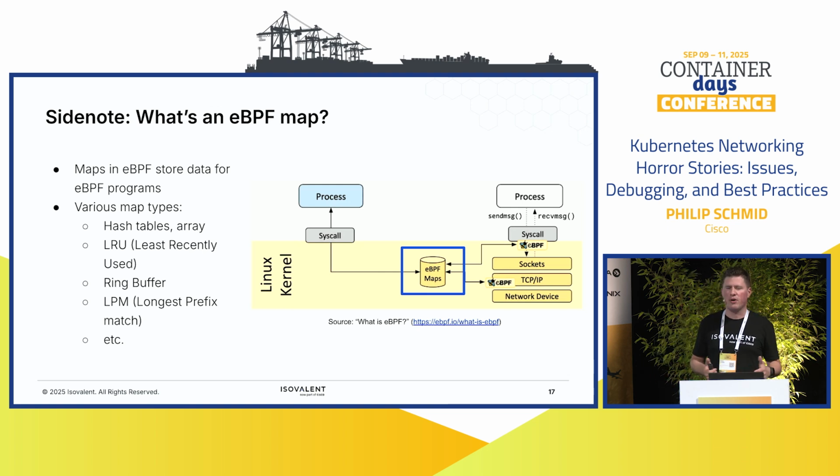For example, there are hash maps, arrays, ring buffers, longest prefix match. So it highly depends on what kind of data you actually want to store in such a map. And I think overall there are 15 map types or something like that. Refer to the ebpf.io documentation if you want to learn more about those specifics.